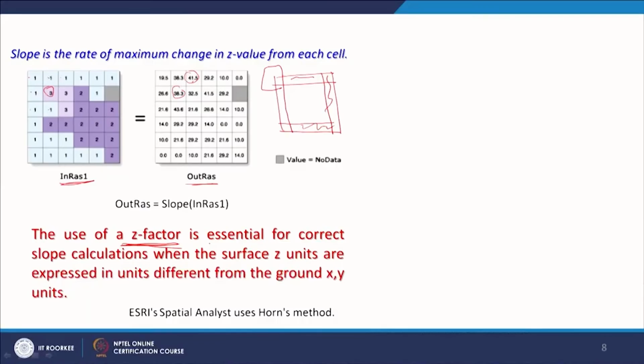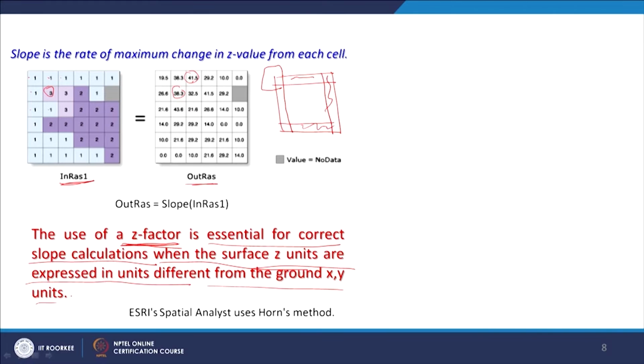So when we go for this slope, aspect or many other such analyses, there will always be a question about the z factor. What should the z factor be? The z factor basically allows you to rescale one of the scales, either the horizontal scale or the vertical scale. So the use of the z factor is essential for correct slope calculations, not only slope but many other calculations, when the surface Z units are expressed in units different from the ground XY unit.